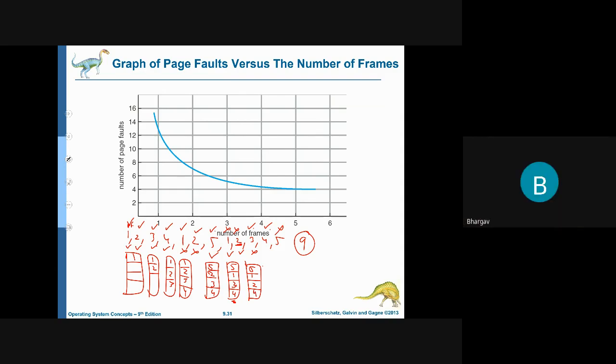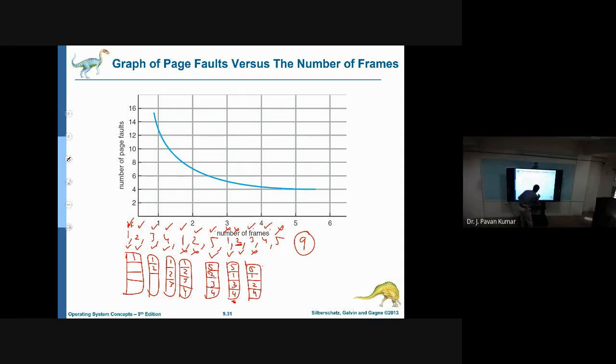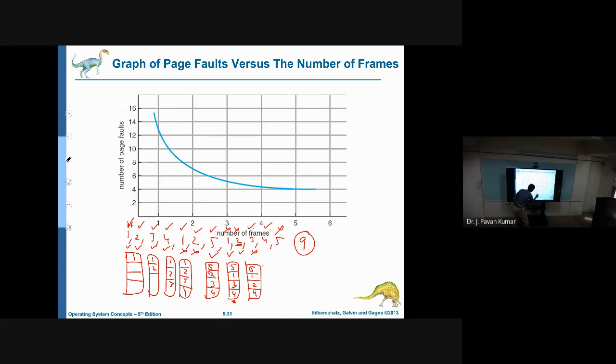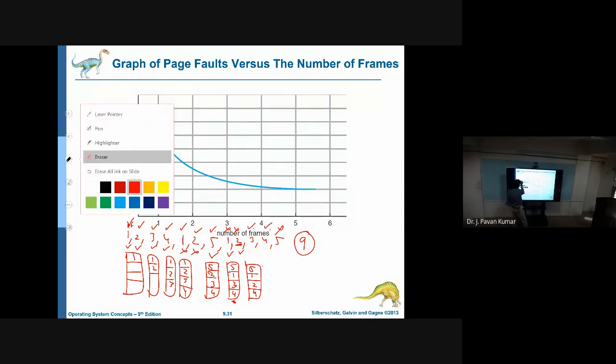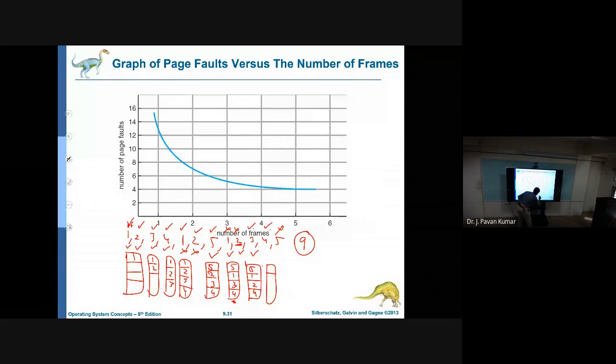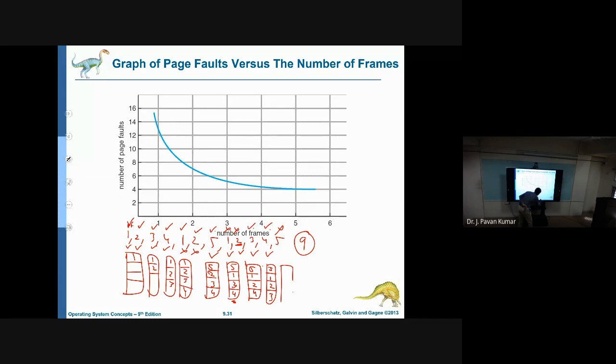Next 3, so 4 should be replaced by 3. So here also there will be a page fault, so 5 1 2 3. Next 4 means again page fault will occur. What can be replaced? I think 5.